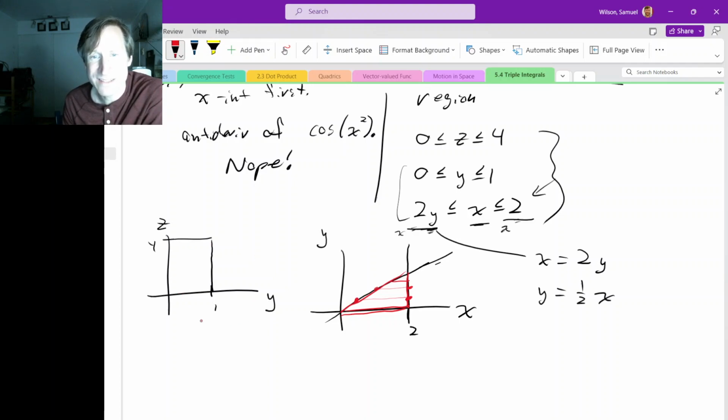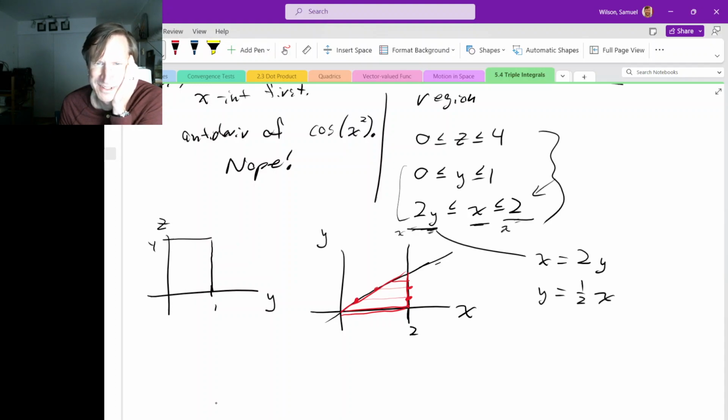Looking at it in the yz direction, we get this rectangle. That means, I guess, we have some kind of ramp, right? That's what's happening here. Let's see if I can draw it. Drawing these things can be difficult.